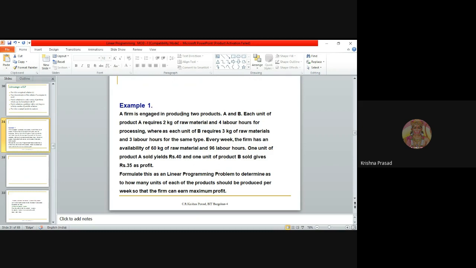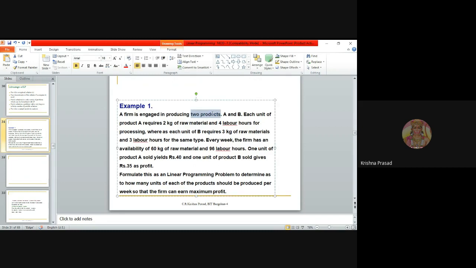Let us start: a firm is engaged in producing two products. How many products? Two products. The products are named product A and product B. To produce each unit of product A requires 2 kgs of raw material and 4 labor hours.